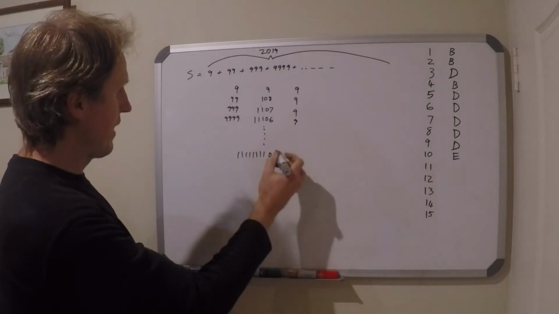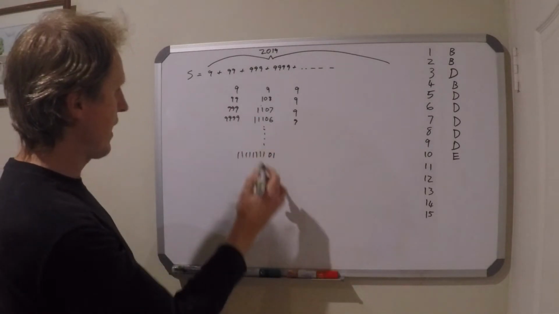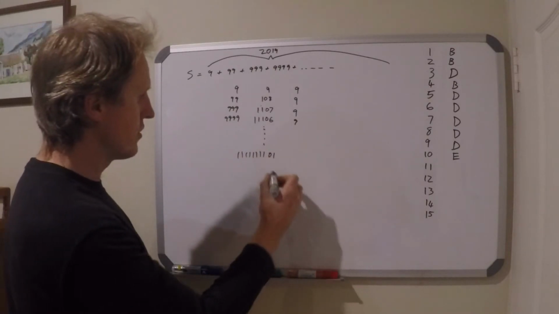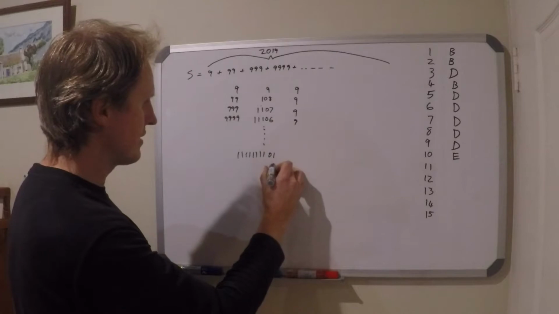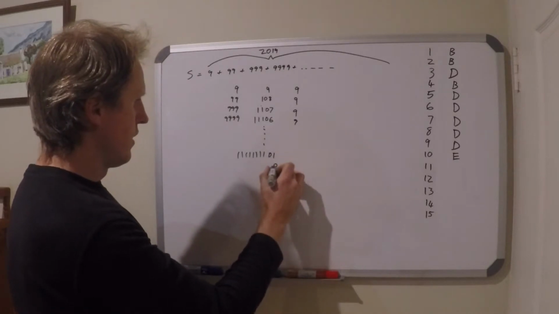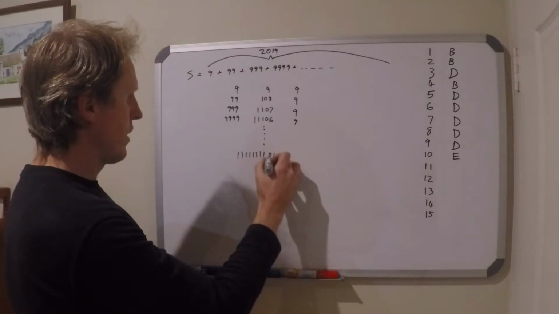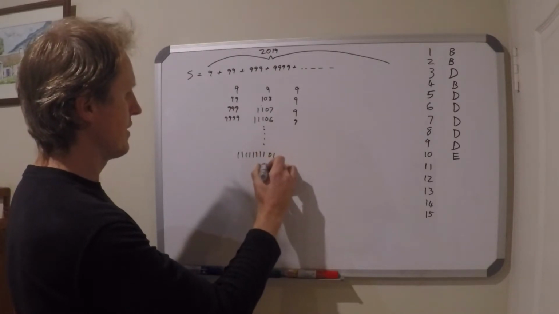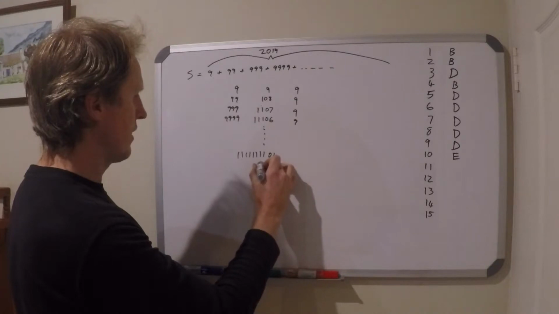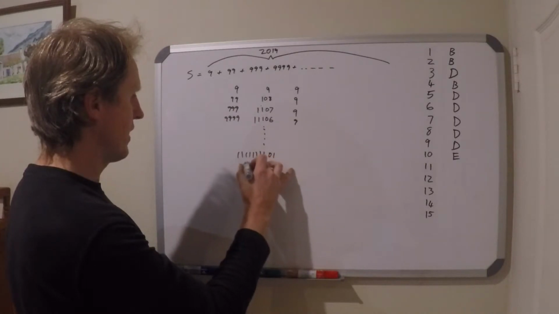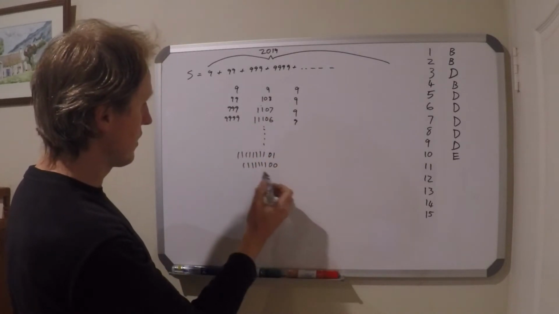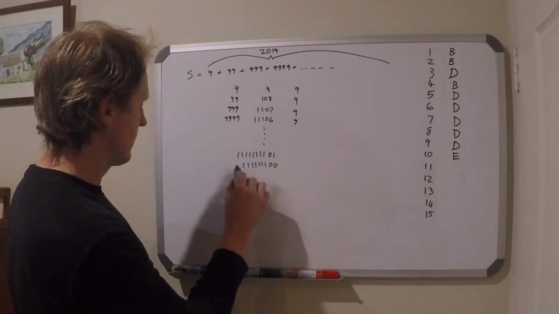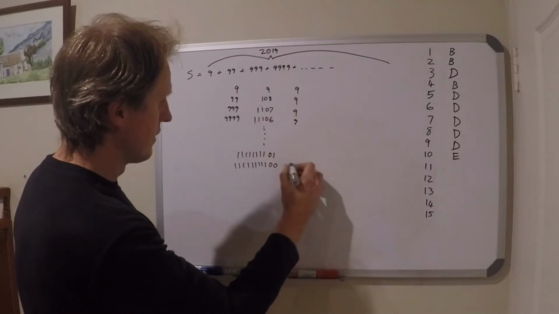Okay, and then if we add 9s again to that, we're going to get 9 plus 1 is 0, carry 1. 1 plus 9 is again 0, carry 1. 1 plus 1 plus 9 is 1, and that pattern is going to repeat. And we're going to have a total of 9 of them. 1, 2, 3, 4, 5, 6, 7, 8, 9.